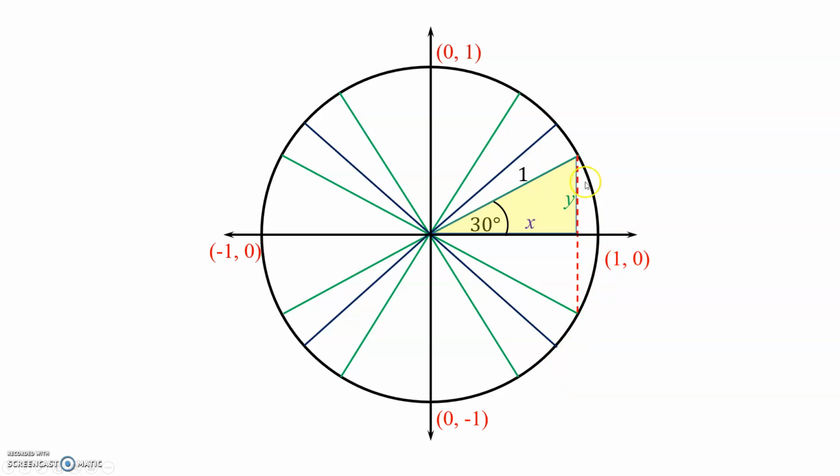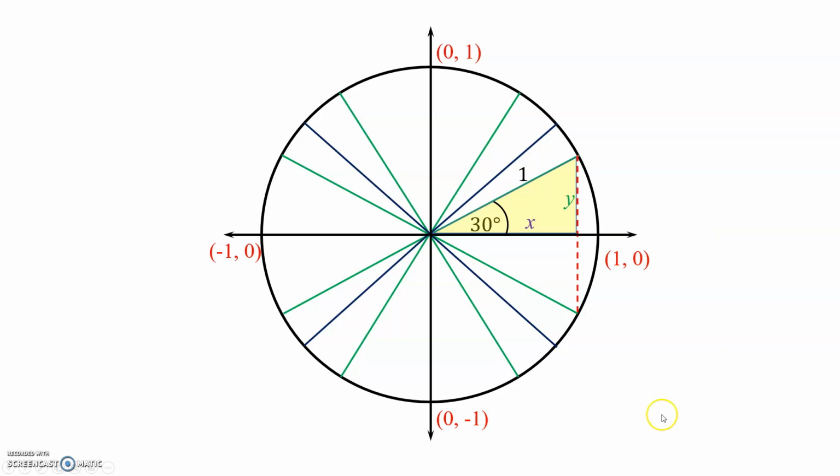Again, because we're working with the unit circle, our radius is exactly 1 unit. Each of these green and blue lines all act as radii for the circle. But as soon as I superimpose this triangle here, what was a radius to the circle is now the hypotenuse of our right triangle.